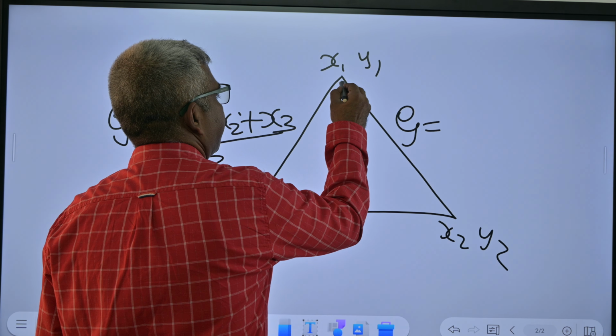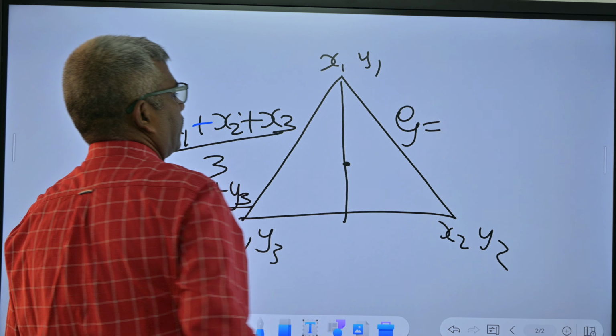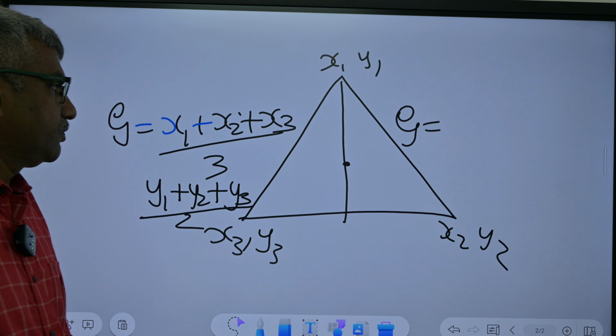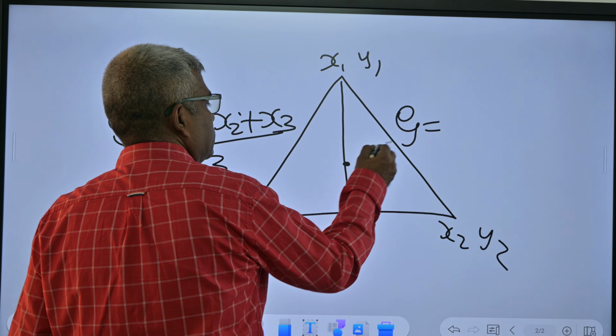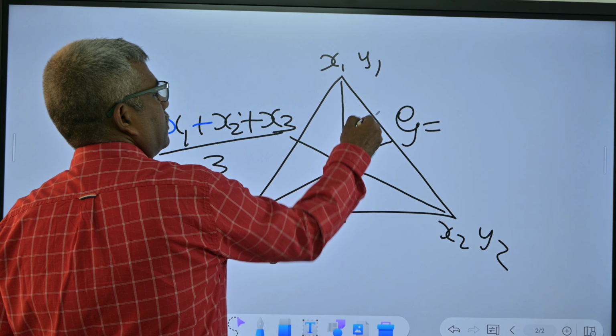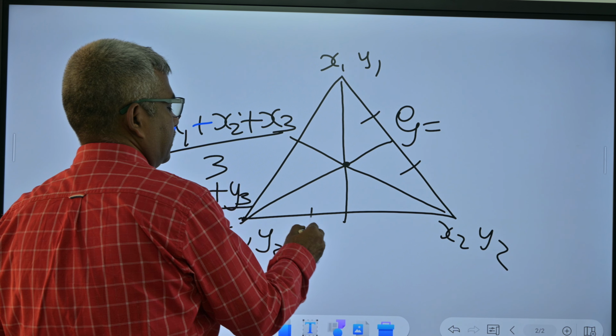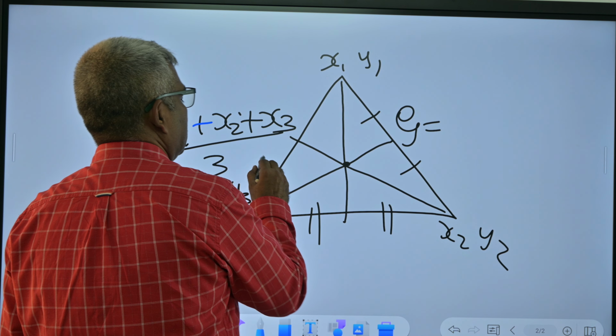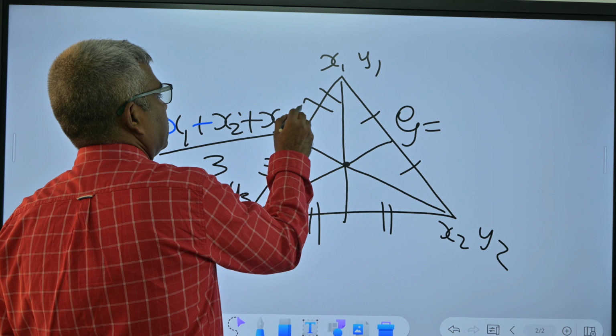Okay, how does it come? This equal length, this equal length, this equal length.